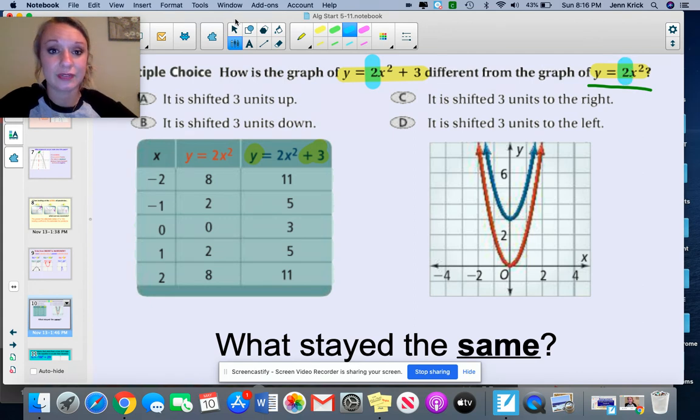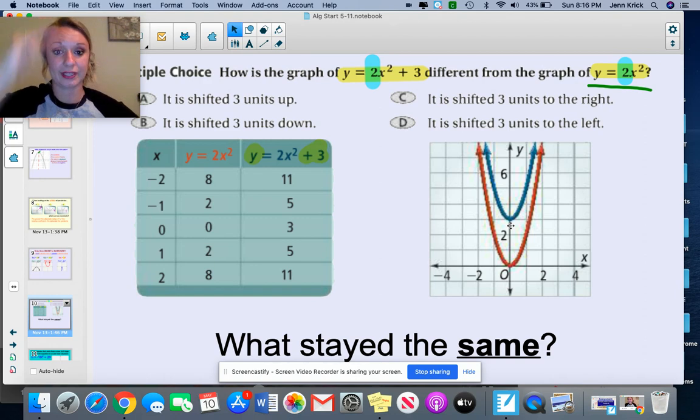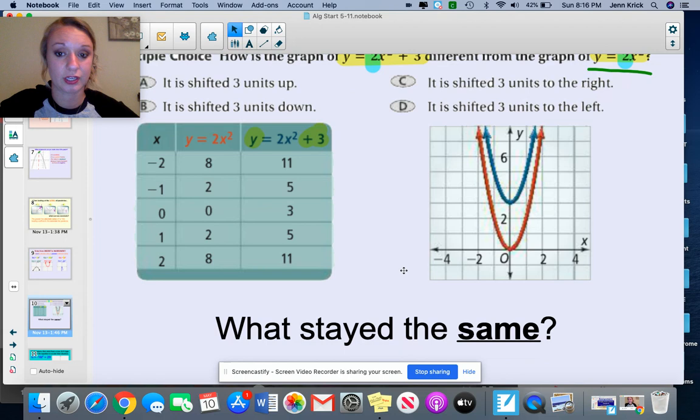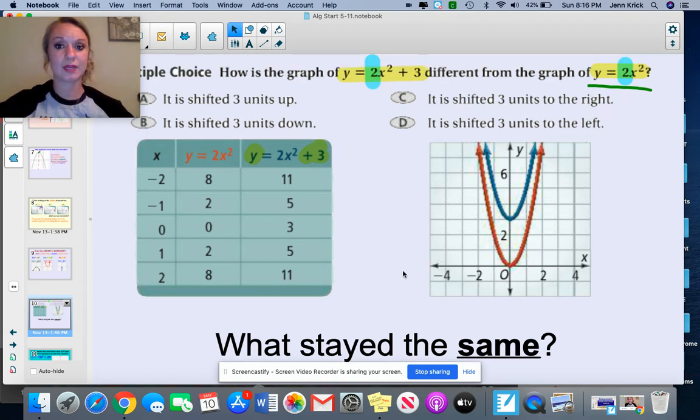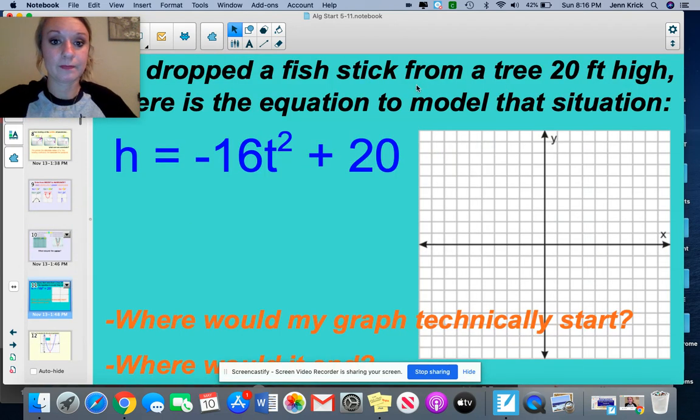The only difference between these two graphs is that the blue one was shifted up 3 units. You can tell that because it's adding 3, and it's 3 more in this chart here. I just wanted to expose you to that because sometimes you might have to compare two different quadratic equations. If you're looking at 2x squared versus 2x squared plus 3, the 2x squared plus 3 is just shifted up 3 units. That's very quick, very easy.